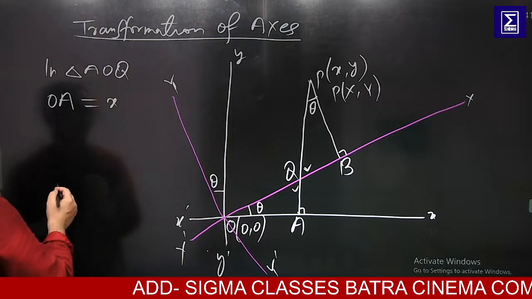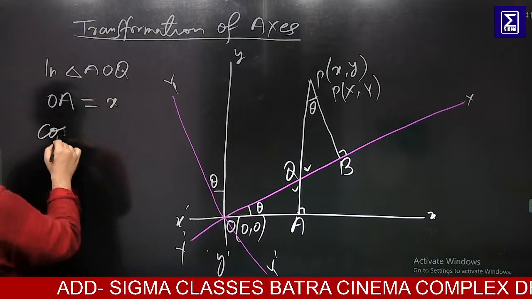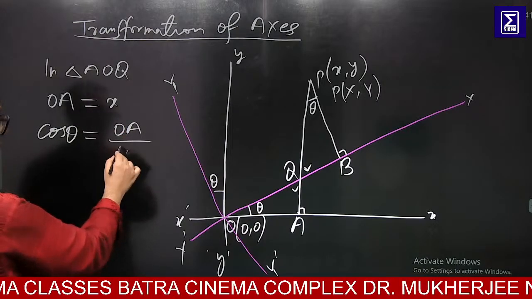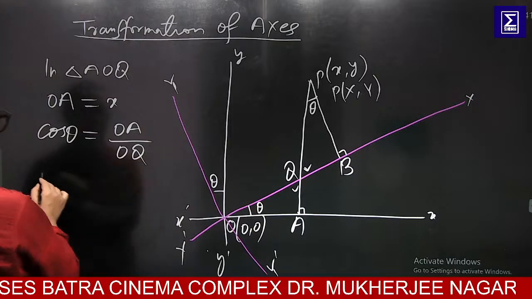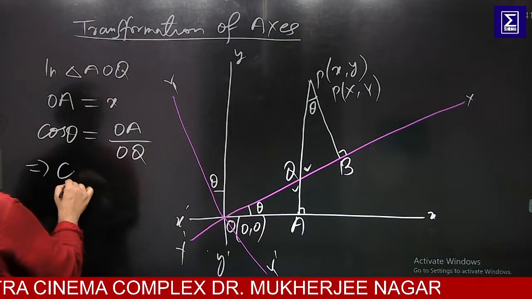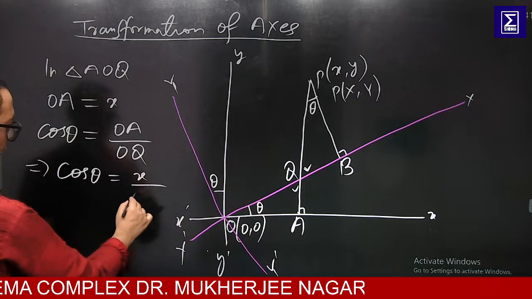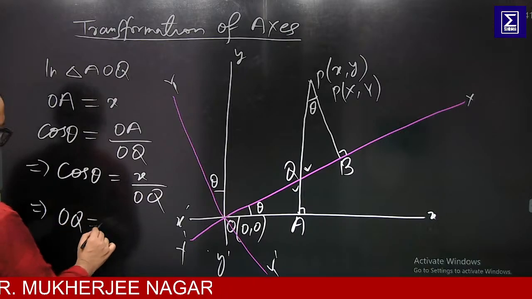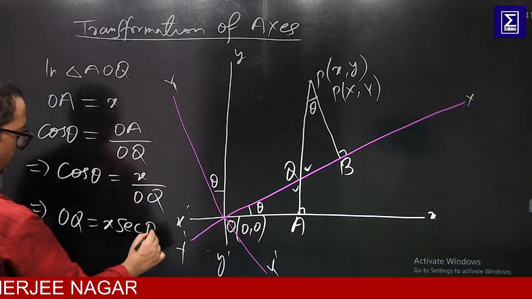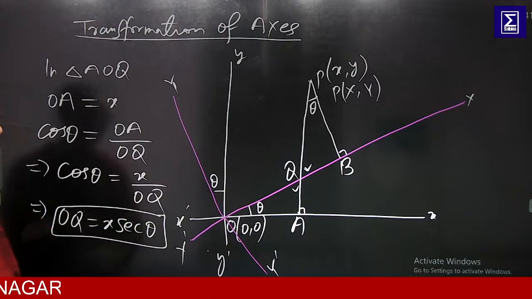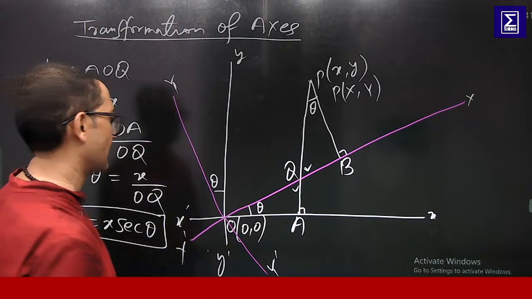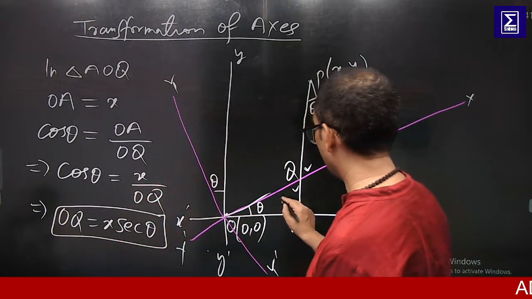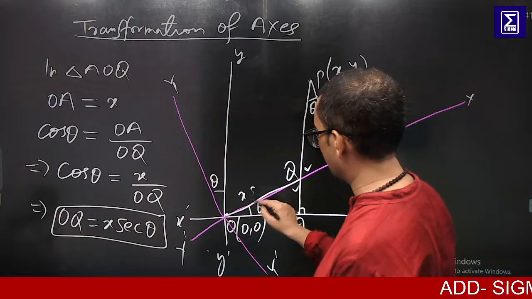Let's take cos theta. So cos theta is equal to OA upon OQ, and we know OA is nothing but x. So cos theta is equal to x upon OQ. So OQ is equal to x secant theta. This is one result that we shall be using here. So this length OQ, from here to here, is nothing but x secant theta.